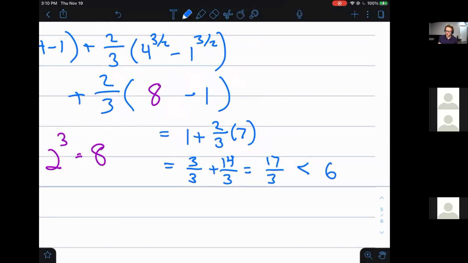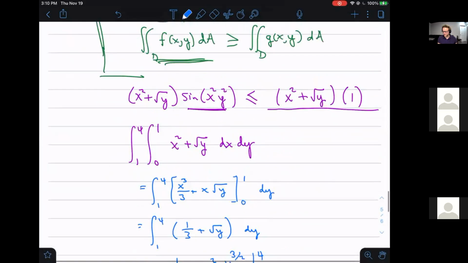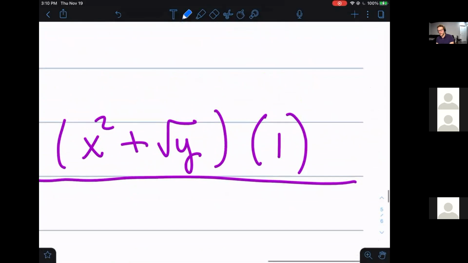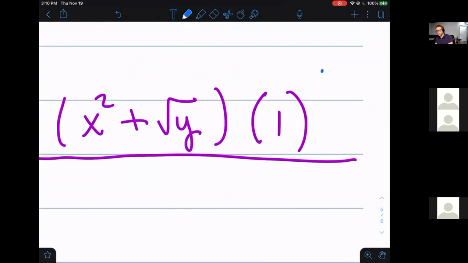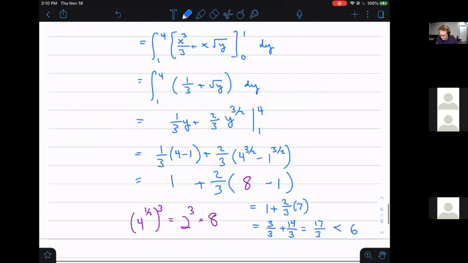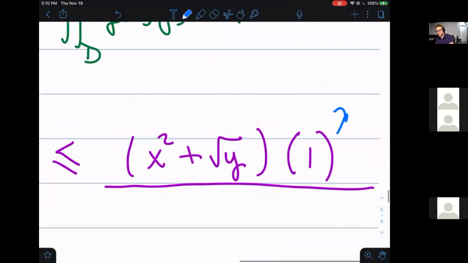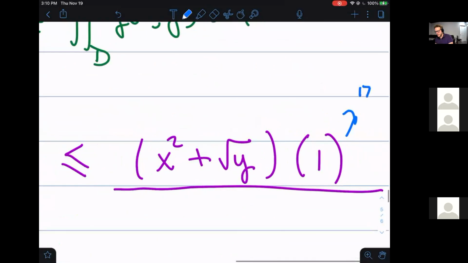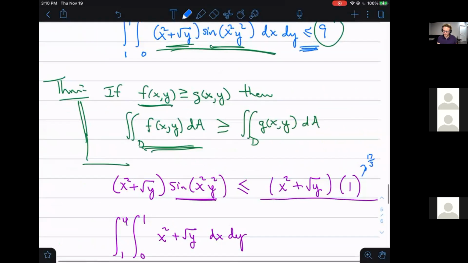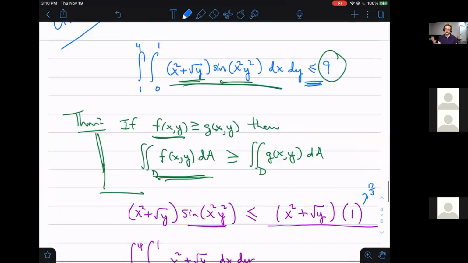So we got that this thing right here, if you were to integrate it and whatnot, ends up being 17/3, right? So this bigger thing gave an answer of 17/3.